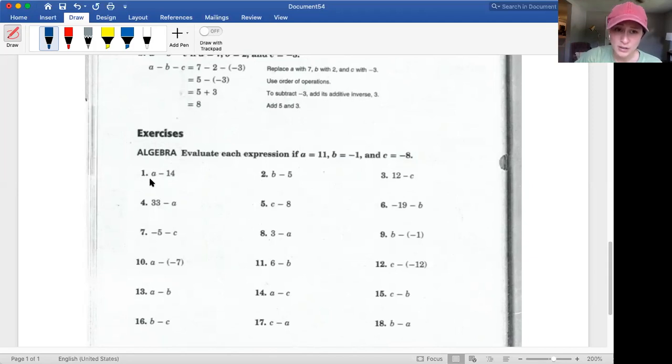And so you would write this 11 minus 14 on your homework. This would be -1 minus 5. This would be 12 minus -8. And then I'd love for you to get into the habit of putting a negative integer in parentheses.